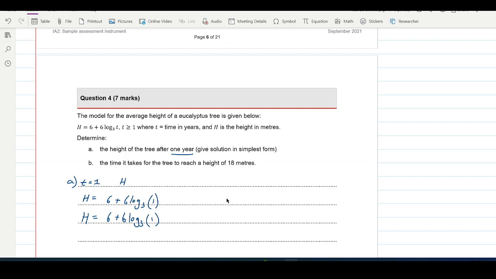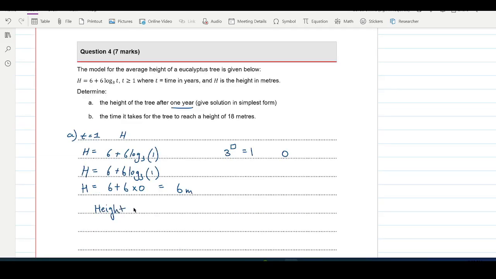So this is the same as doing 3 to the power of something equals 1, and that's always going to be 0. So log 3, 1 is 0, so it's going to be 6 plus 6 times 0, which is just 6 meters. So height of tree after 1 year is going to be 6 meters.